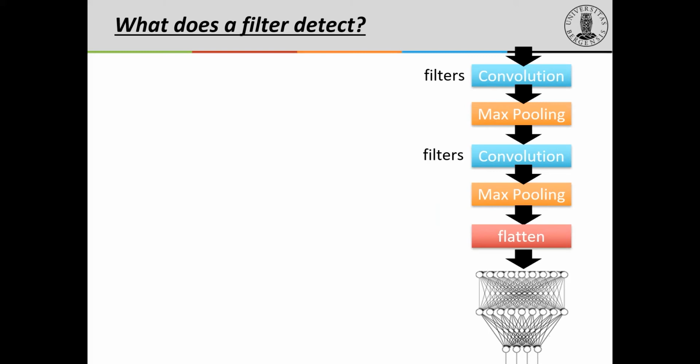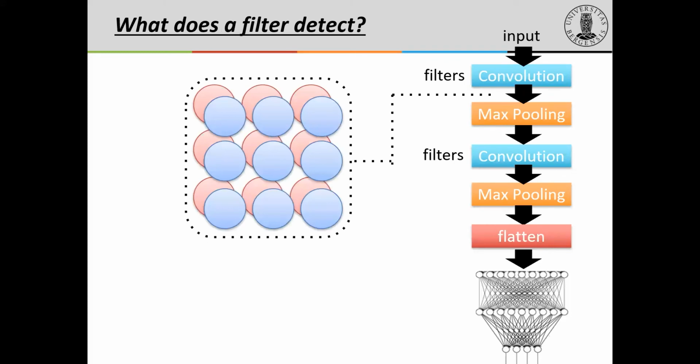We have the convolution layers, and for each convolution layer, we have a lot of filters. The filter is used to detect patterns in the picture. For example, we have an input, and for the input to the neural network, we can have the filter output. For each filter, we have a feature map. Here, the blue matrix is the output of filter 1, and the red matrix is the output of filter 2.